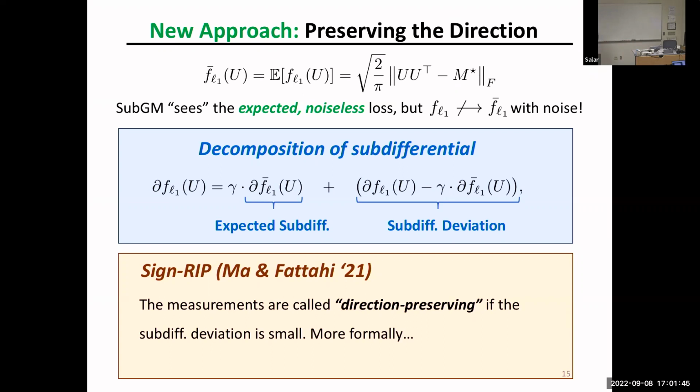What about an entry-wise observation? It doesn't satisfy sign RIP. If it does not satisfy RIP, probably it's not going to satisfy sign RIP, because sign RIP is like RIP plus some noise.